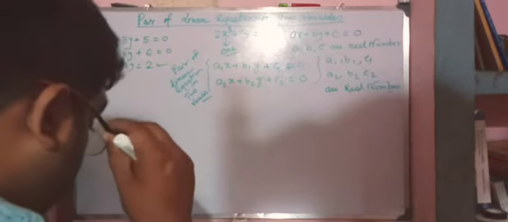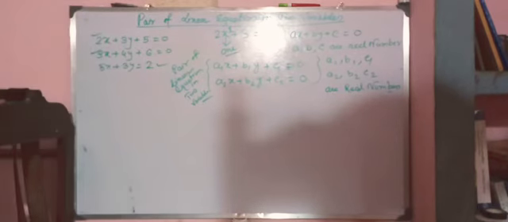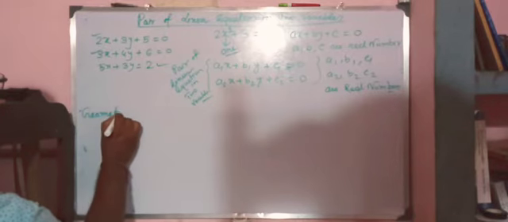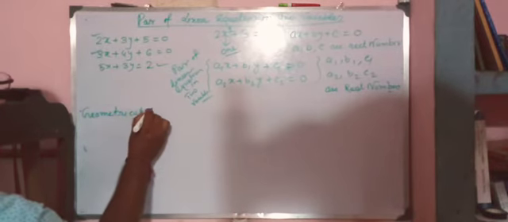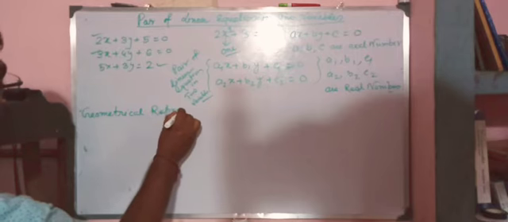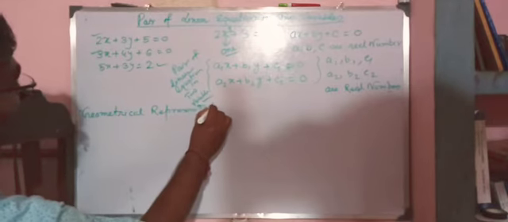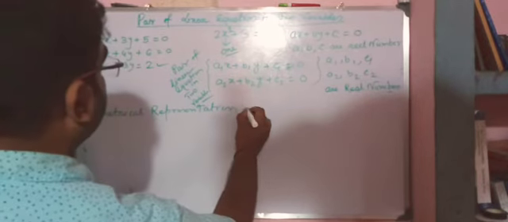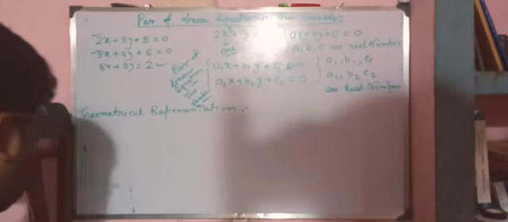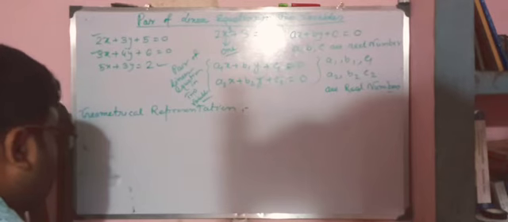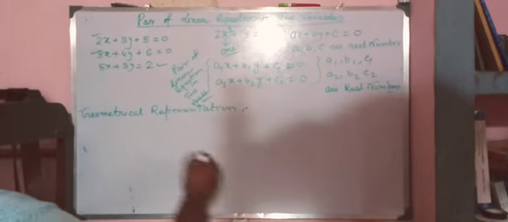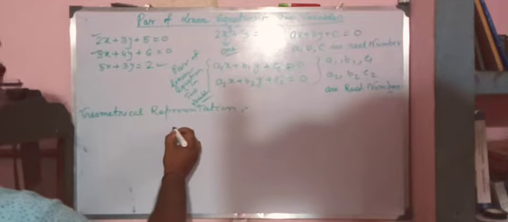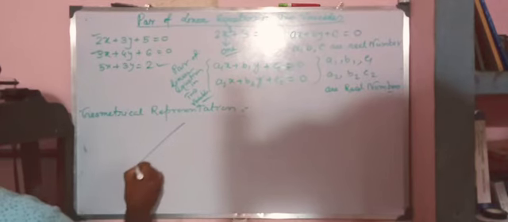Now next come to one quick thing, that is geometrical representation of pair of linear equation in two variable. If the lines are intersecting, then the lines look like that.